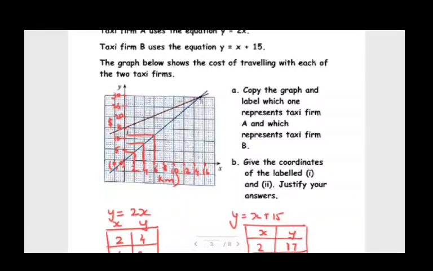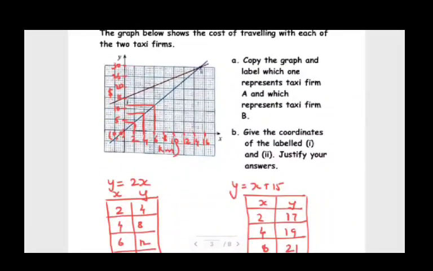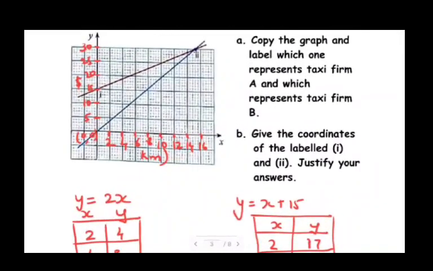B part. Give the coordinates of the labeled 1 and 2. So here I will give the coordinates. I've already worked this out, so it becomes a little easier. So this one is right here, which says 2 and 4. This one over here says 4 and 8.